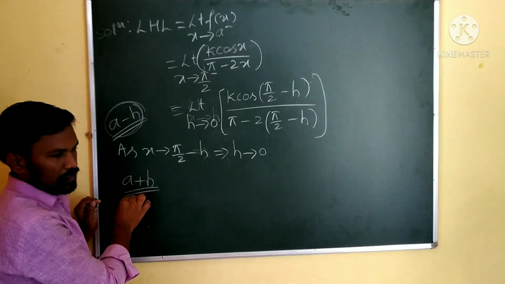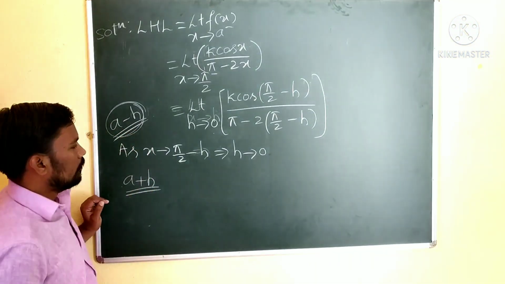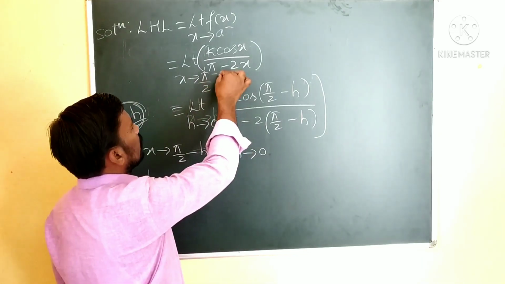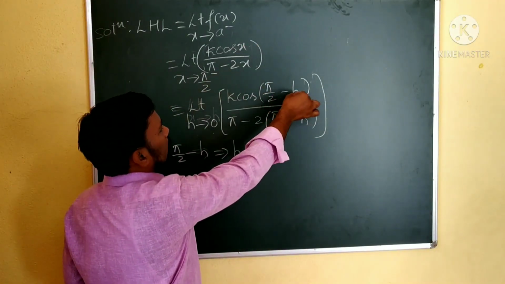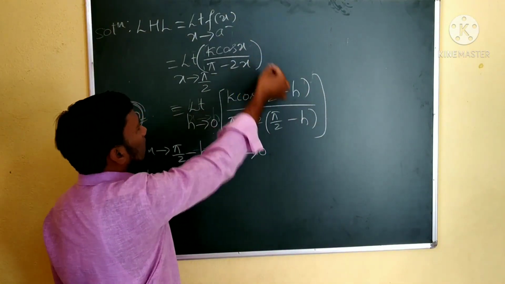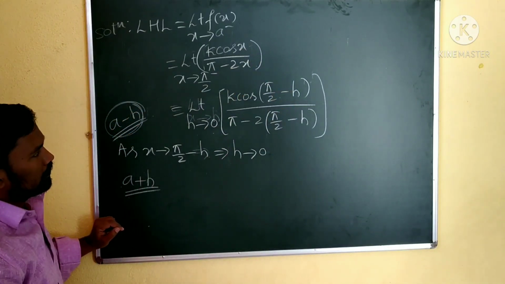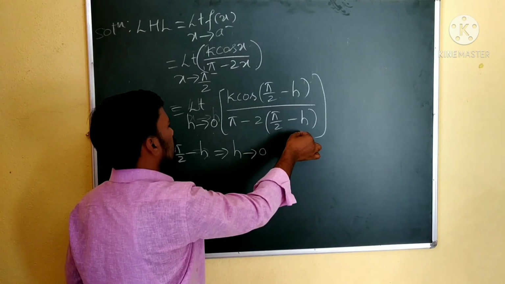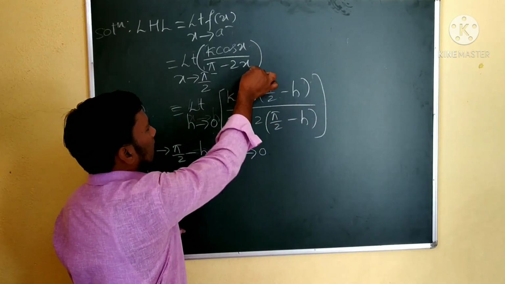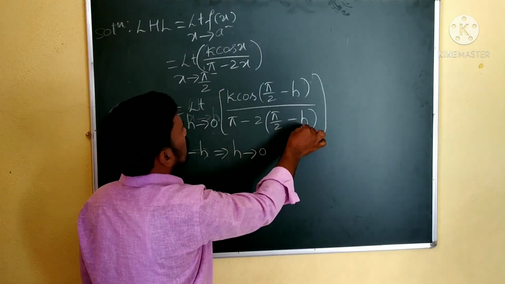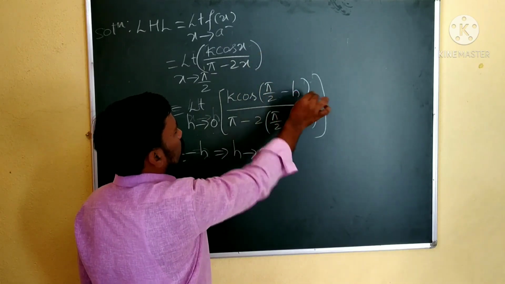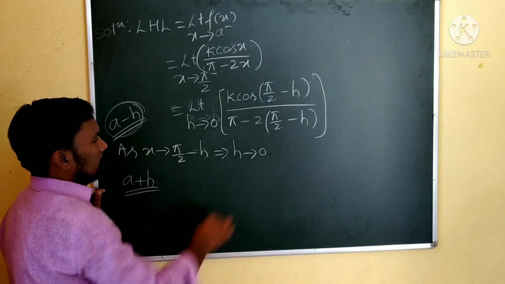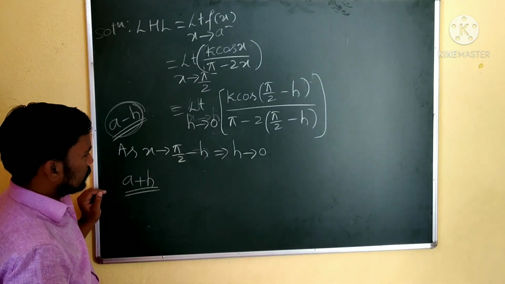Here a is nothing but pi by 2. So I have replaced x by pi by 2 minus h, wherever x is there, both in numerator as well as in denominator. So 2x becomes 2 into pi by 2 minus h, and cos x becomes cos of pi by 2 minus h, as h tends to 0.